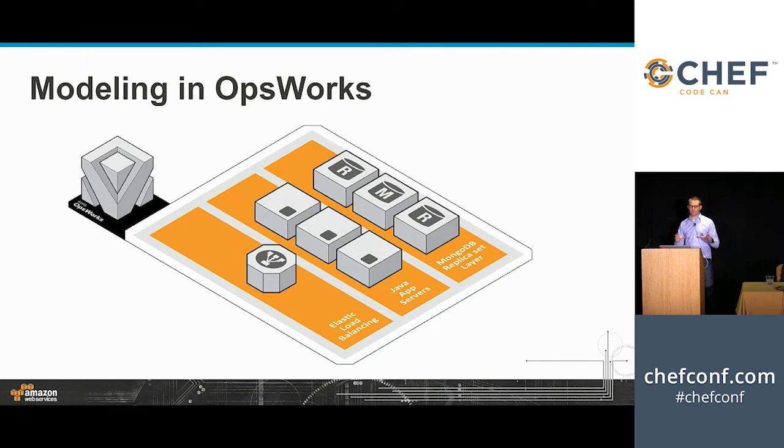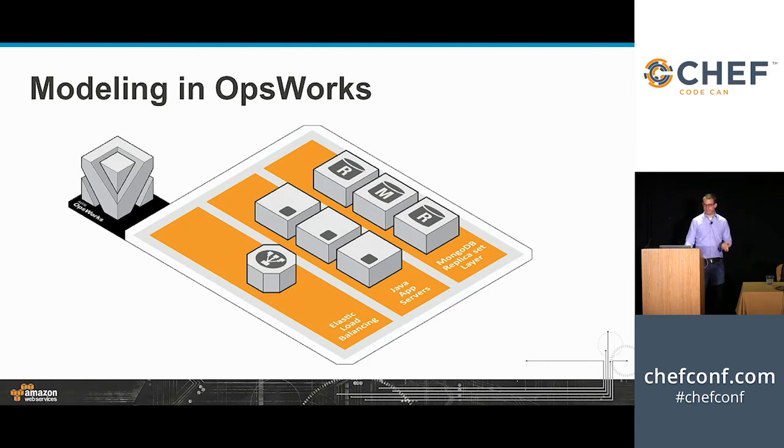And in each stack, you have layers, which are groups of servers, like all my application servers, that's a layer, or my database servers, that's a layer. You can think of them a little bit like Chef roles. They actually predate Chef roles, in that sense. That's why they're not 100% the same thing.